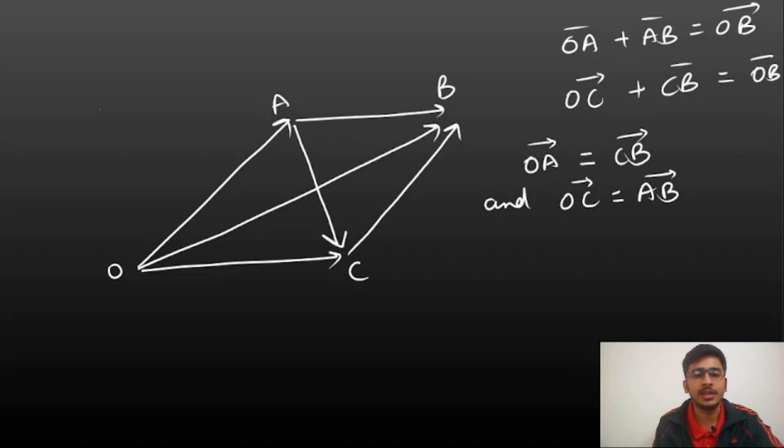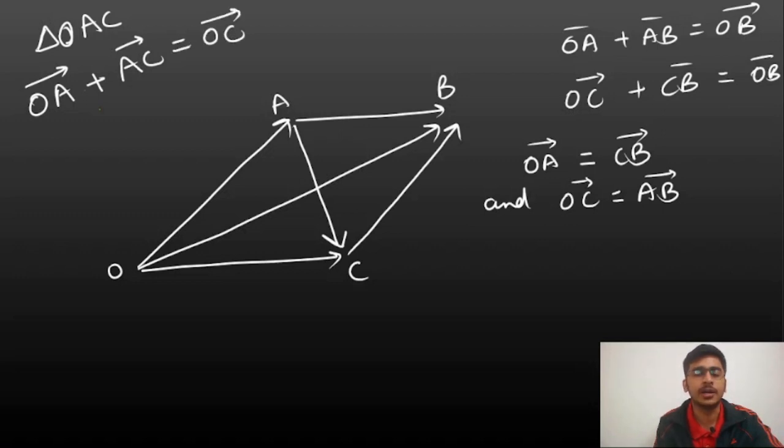So we can also form a triangle OAC, and in triangle OAC, I can write OA vector plus AC vector gives me OC vector, correct?